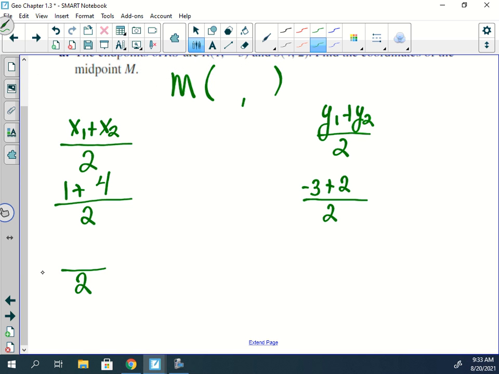Well, for x, 1 plus 4 is? And 5 divided by 2 is? 2.5. So the x value of the midpoint is 2.5.